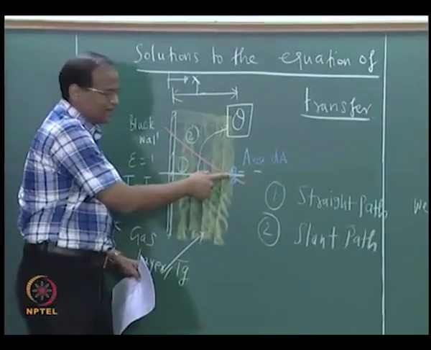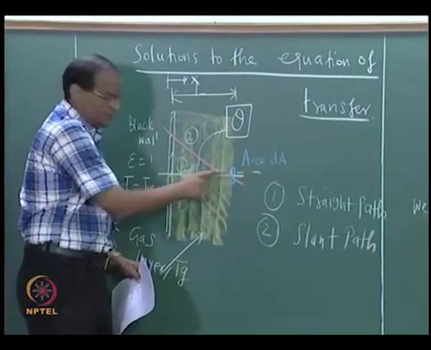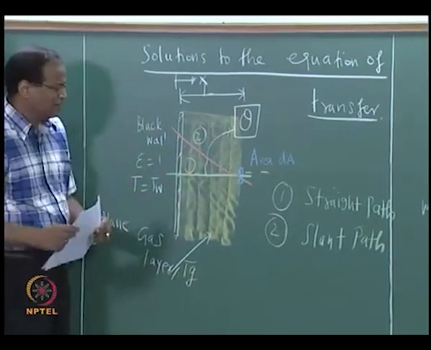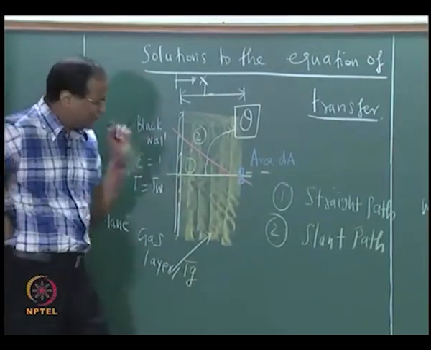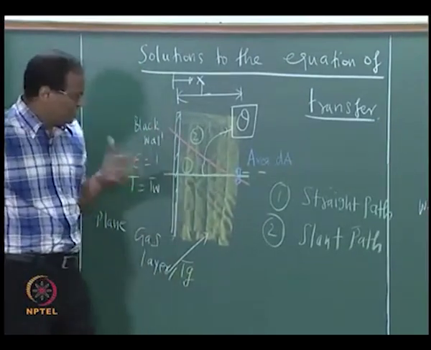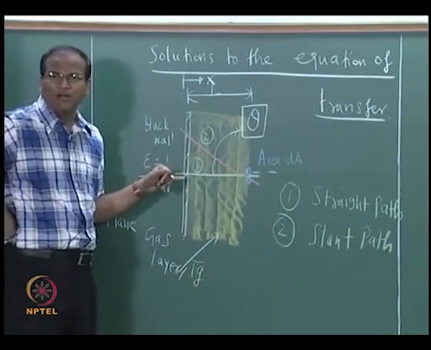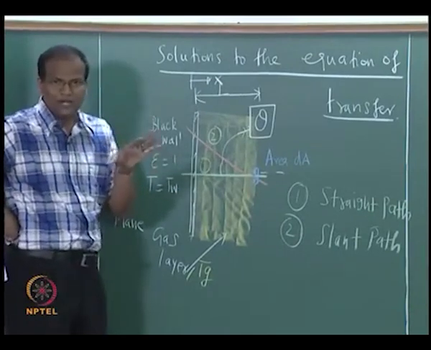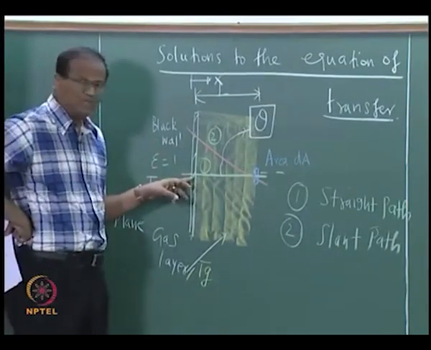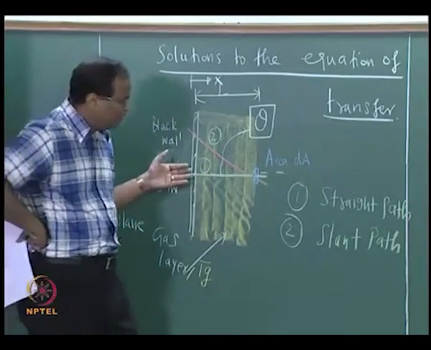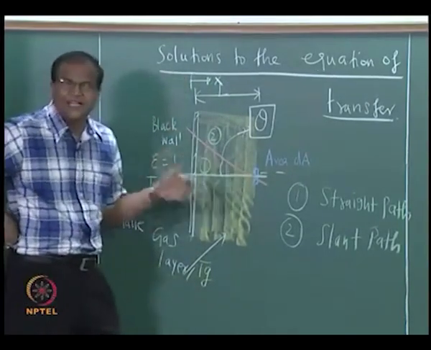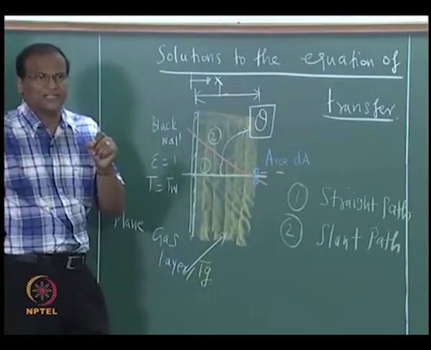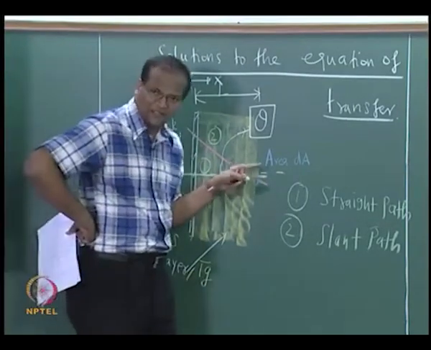The radiation arriving at an element dA, which is located at a distance L, where the gas layer thickness is L. Therefore the radiation arriving at A consists of 2 components. One is the radiation from the wall, which is sigma Tw to the power of 4 by pi, that is the I. Q will be sigma Tw to the power of 4, I will be sigma Tw to the power of 4 by pi, which is going through the gas and gets attenuated, that means its strength is reduced because the gas is absorbing or participating in the radiation, and it is arriving here.